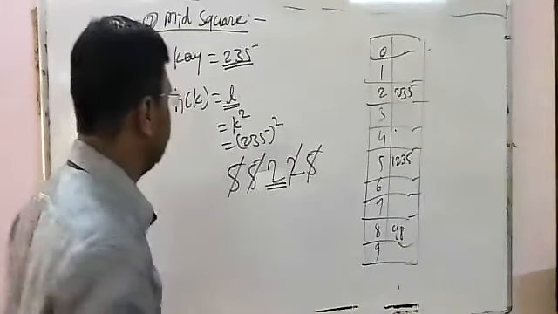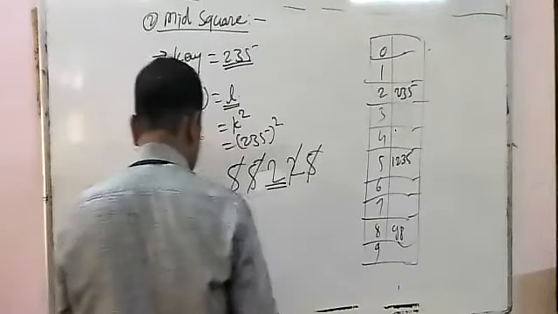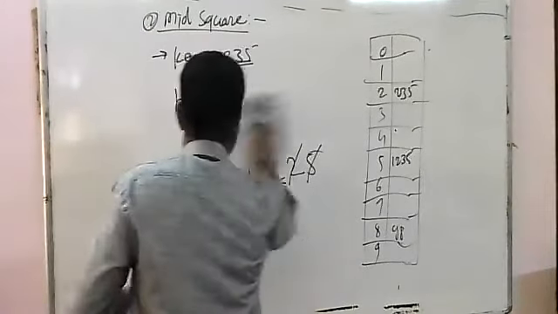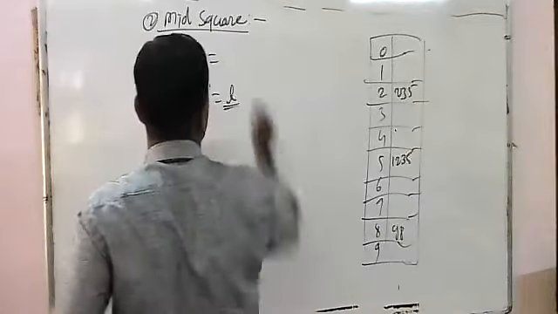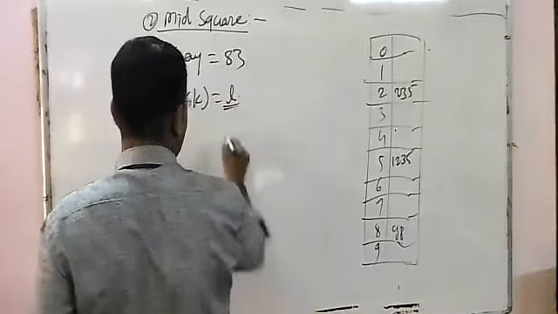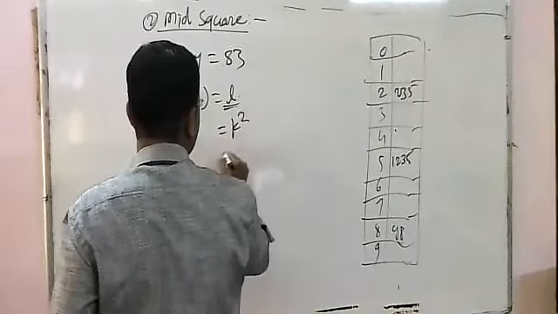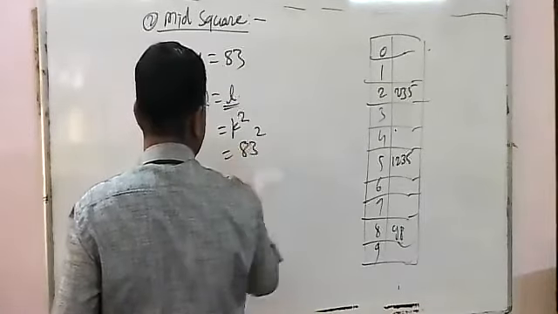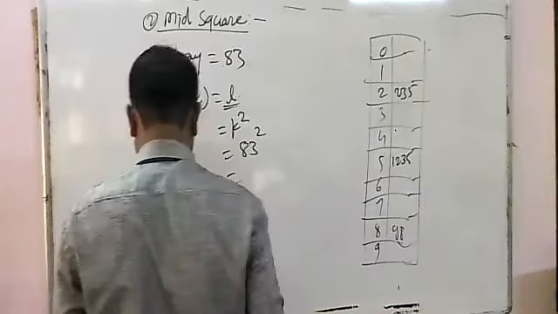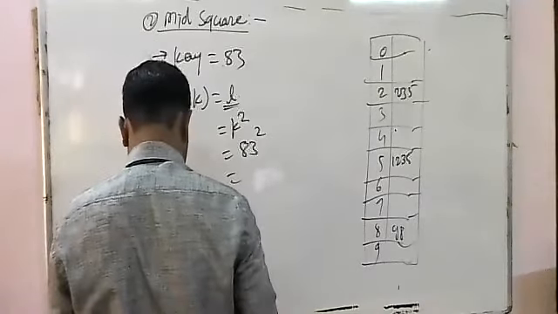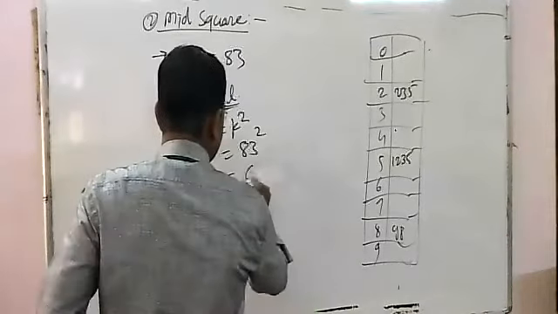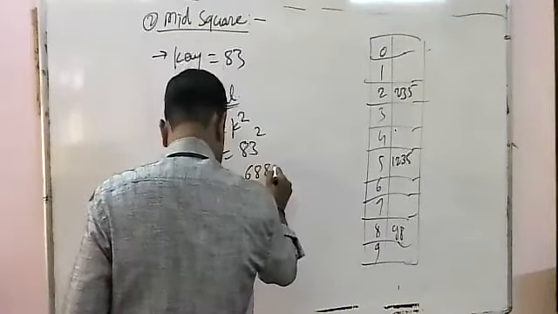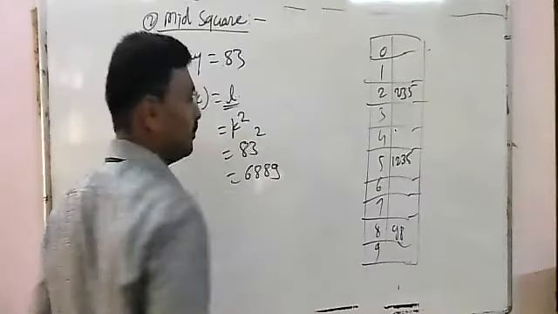Another example, suppose you have the element 83. What is the square of 83? 83 into 83 is 6889.